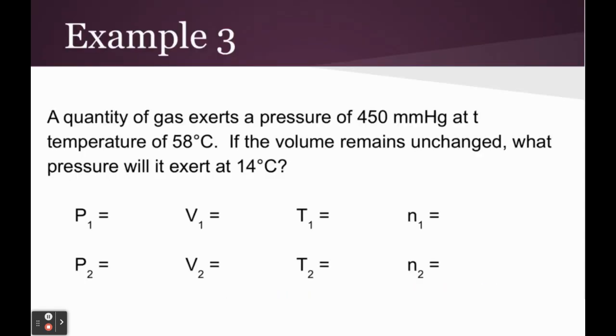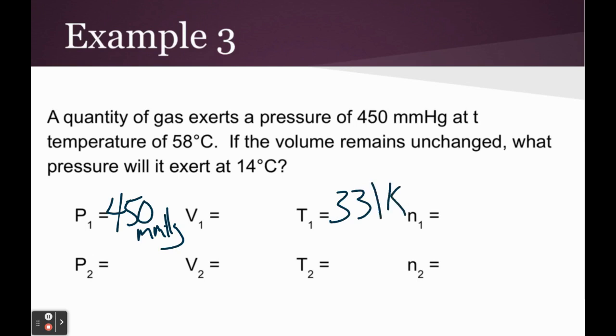Example problem number 3 says a quantity of gas exerts a pressure of 450 millimeters of mercury at a temperature of 58 degrees Celsius. So 450 millimeters of mercury is P1, and 58 degrees is our T1. However, remember we want that to be in Kelvin, so that's 331 Kelvin.